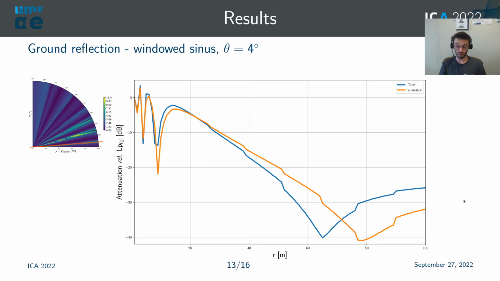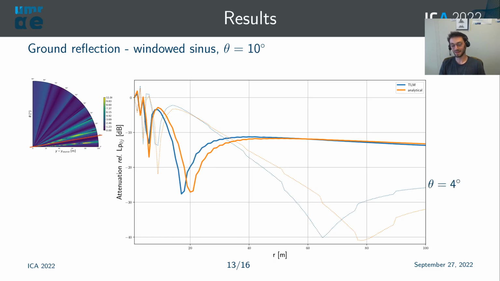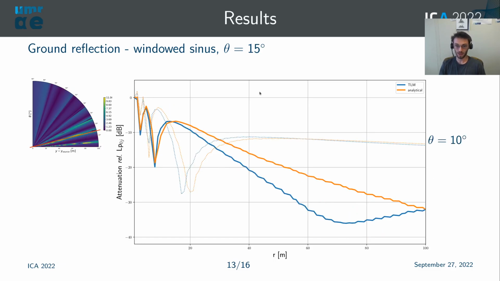It's due to destructive interference, and especially displaced destructive interferences. Then here at 10 degrees it's not that much the case. And here again, for this angle, we have a large displacement of the attenuation peak, which is not wanted.